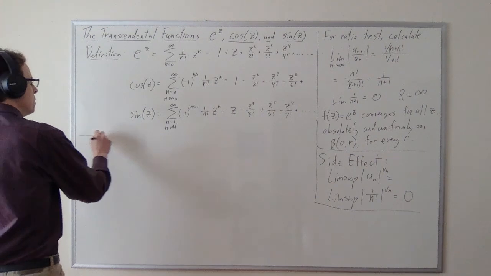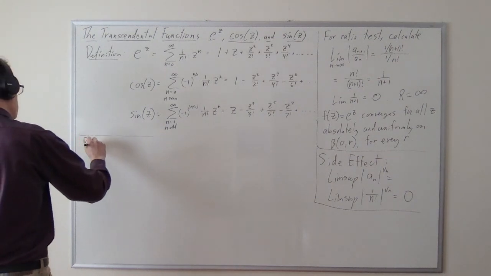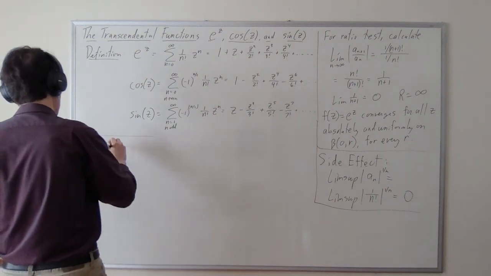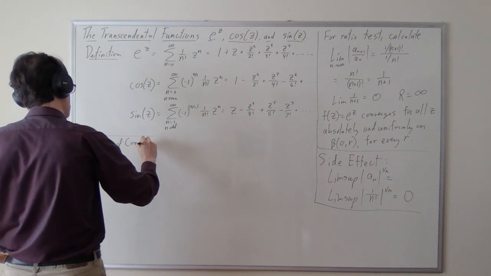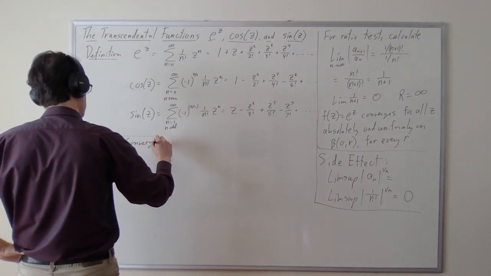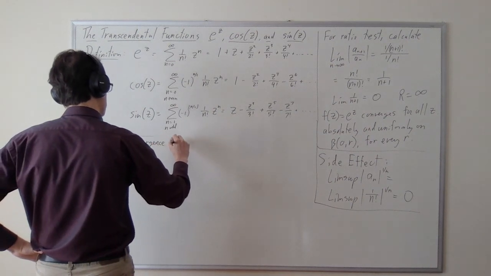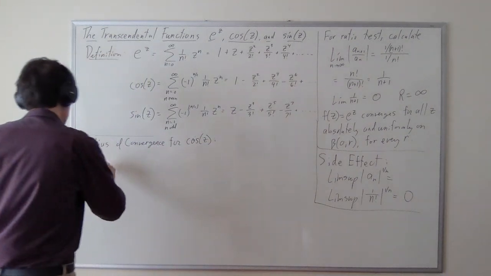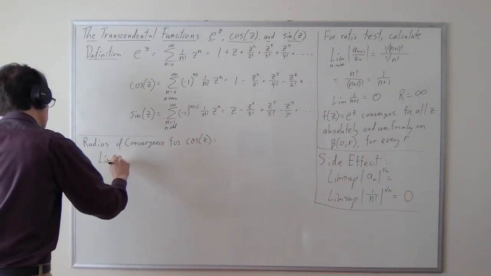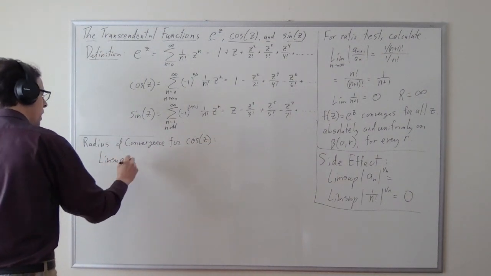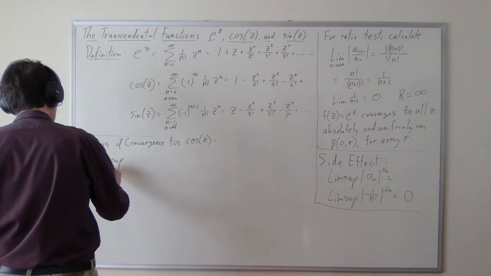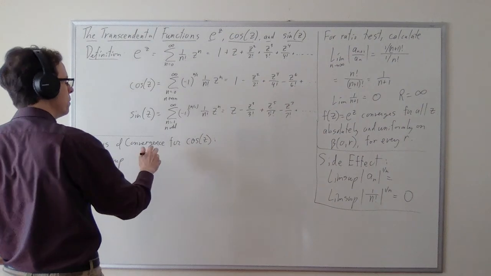So the radius of convergence of the cosine, and I think I'll do the cosine and skip the sine because it's basically the same thing. So the radius of convergence for cosine is going to be the lim sup over the values of n where n is even.